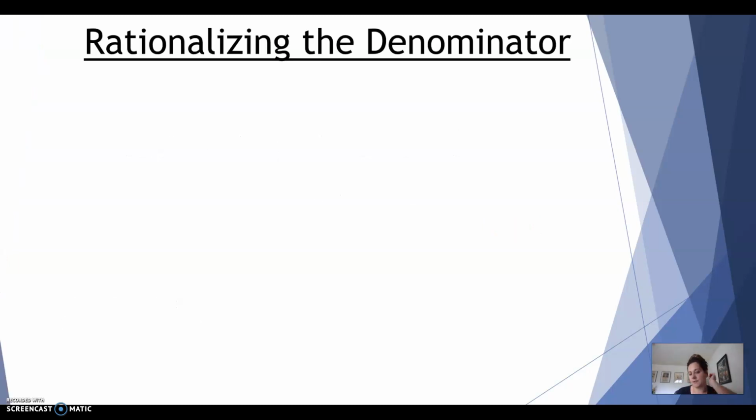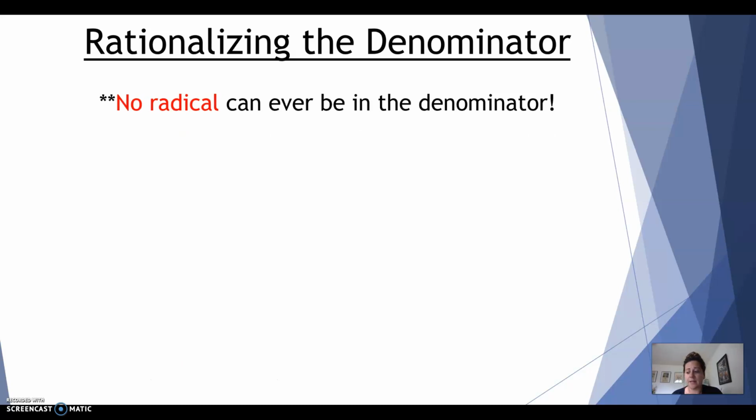So, like I was just saying, the lesson is about rationalizing the denominator. It pretty much means to get rid of the radical in the denominator. It's pretty much like me giving you a fraction and you reducing it to lowest terms. If you didn't reduce it, it would be wrong.